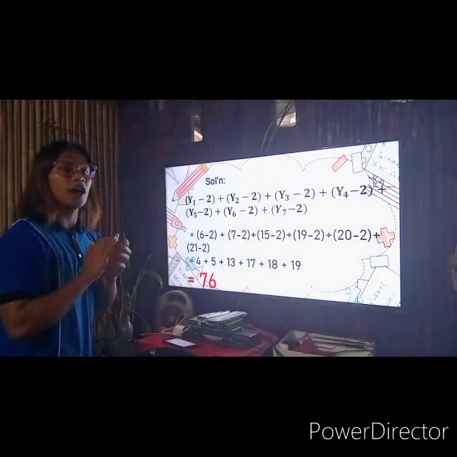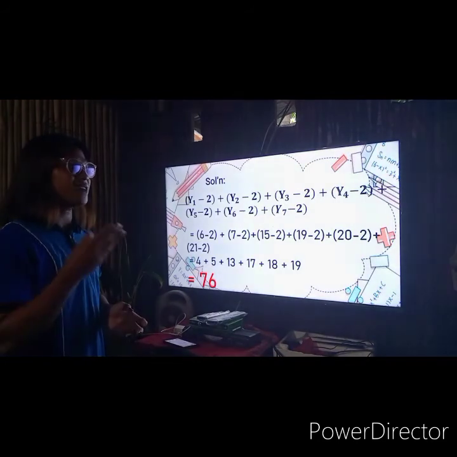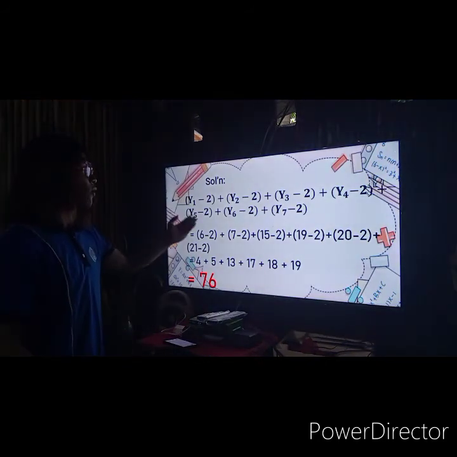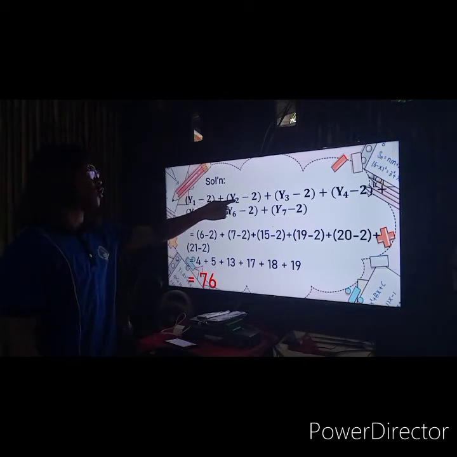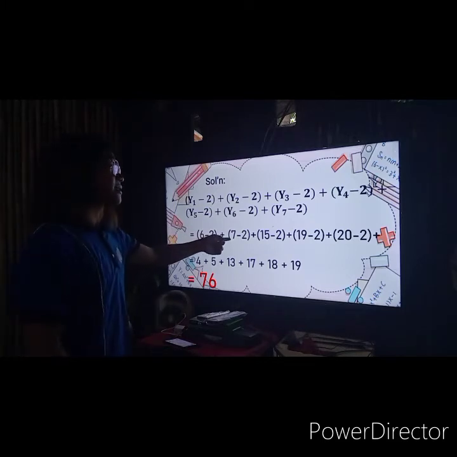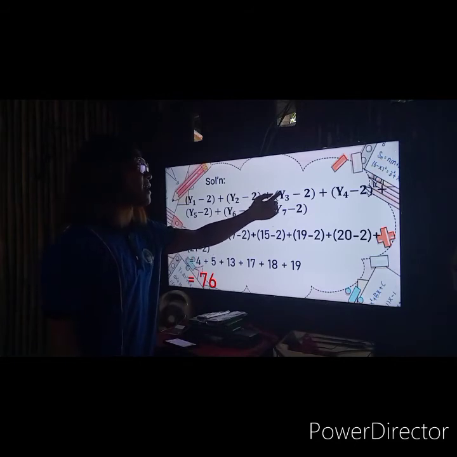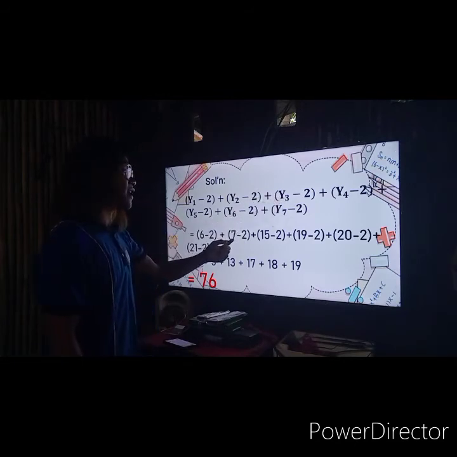Our next step is to substitute those given numbers to our y's. So our y sub 2 is 6. Then copy the minus 2 plus the quantity, the value of y sub 3, which is 7.